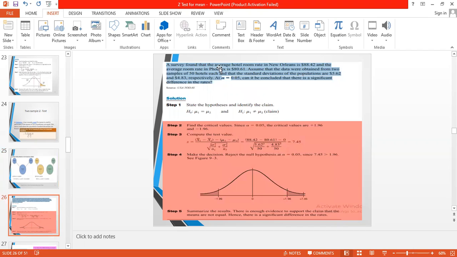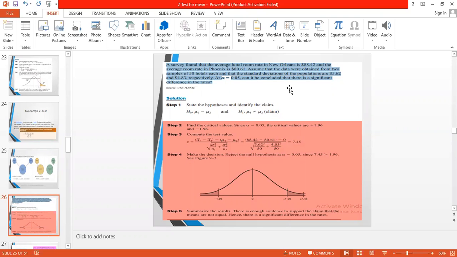A survey found that the average hotel room in New Orleans is $82.42 and the average room rate in Phoenix is $80.61.